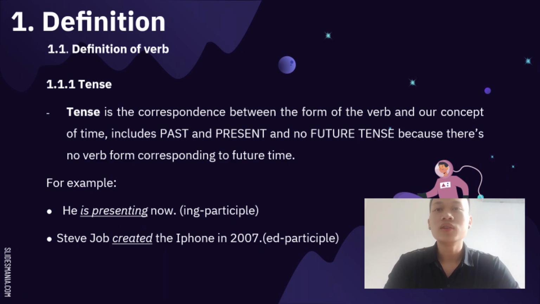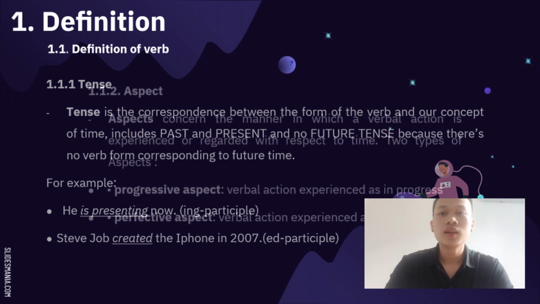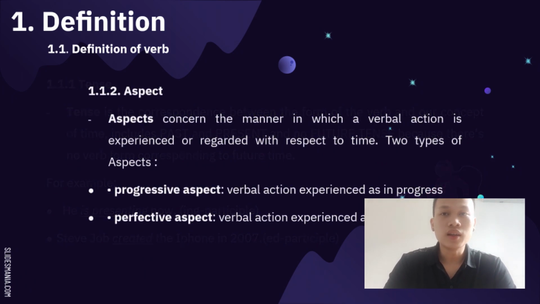For example, he is presenting now. The -ing participle is expressed for present. And Steve Jobs created the iPhone in 2007. The -ed participle is expressed for past. And next is aspect.